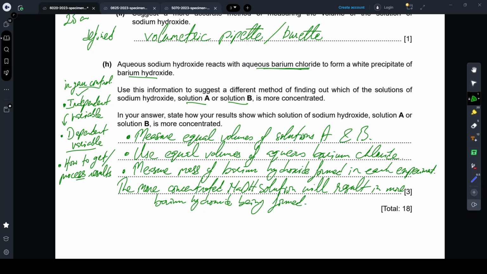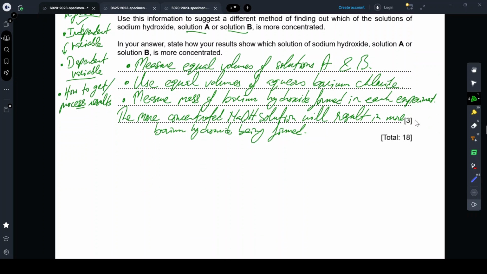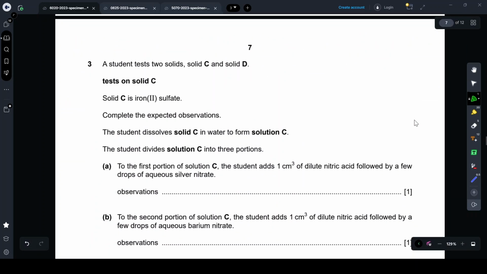And you get your 3 marks. All right. Does this make sense? Yes. All right, let's carry forward.